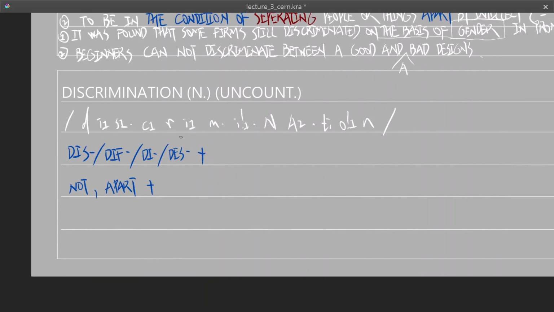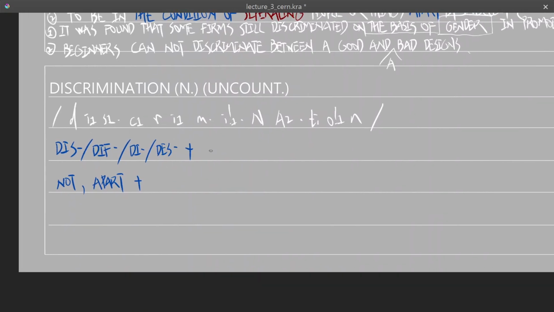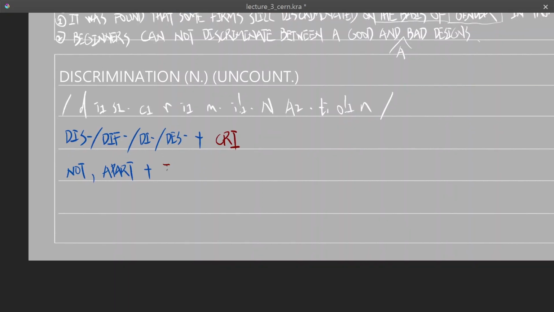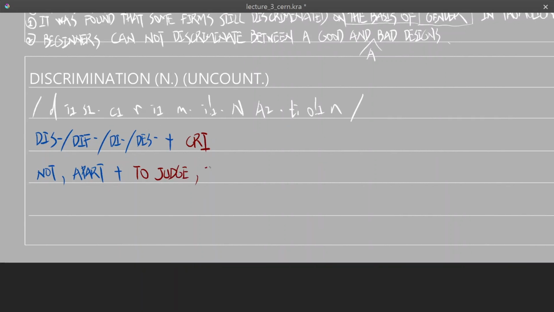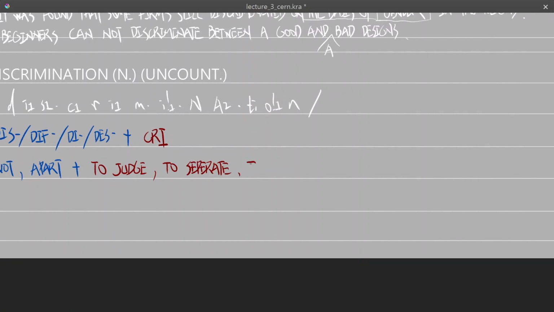And we have the root crim, meaning to judge, to separate, or to decide.